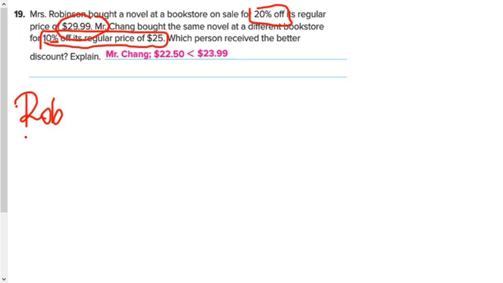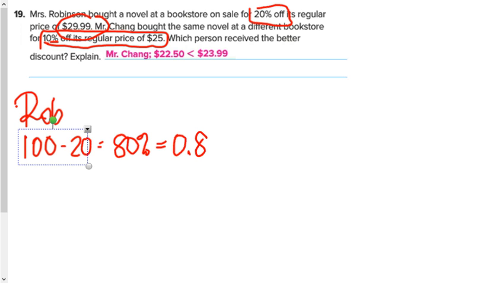So I'm going to use method 2. So 100 minus 20, that equals 80% of what we actually paid. Again, that's 0.80 because we divide 80 by 100. So Mrs. Robinson is going to pay 80% of $29.99.